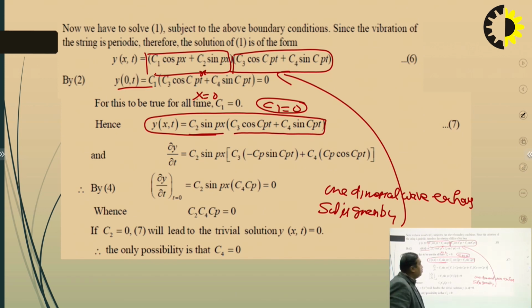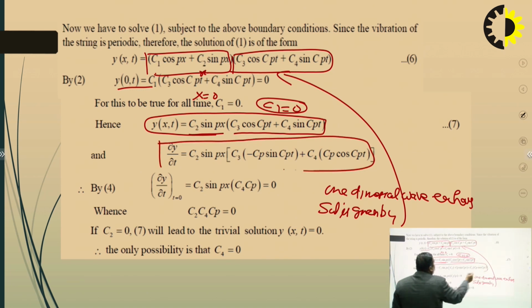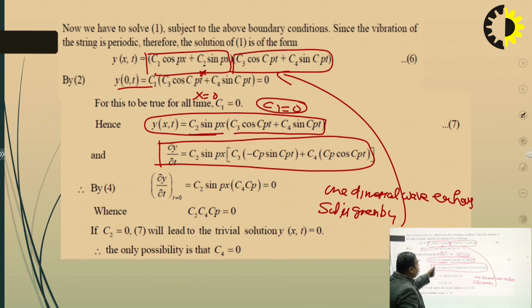c1 has become 0. Now we are using the other initial condition, del y over del t, that means differentiating with respect to t. That becomes c2 sin px into (c3 times minus sin cpt into cp plus c4 cp cos cpt), where cp is the coefficient of t.